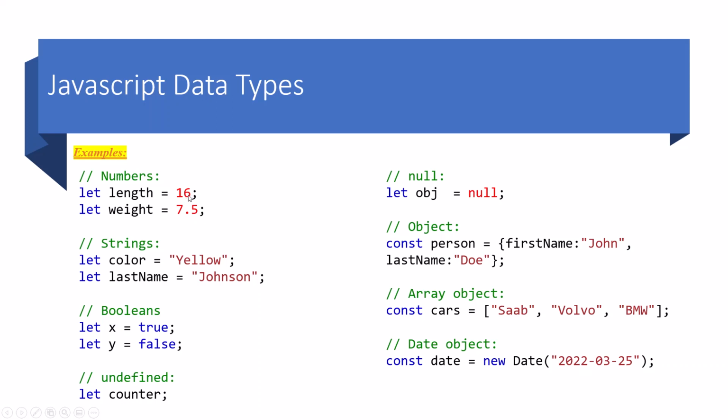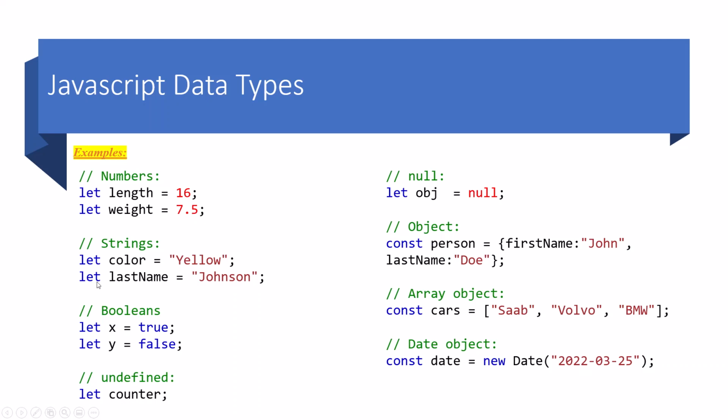So 16 is a number, meaning this variable contains numbers, and let weight is equal to 7.5 is also a number data type. And then string data types. In string we are declaring the variable with a string value. So let color is equal to yellow. Yellow is a string, so this color variable is of data type string.